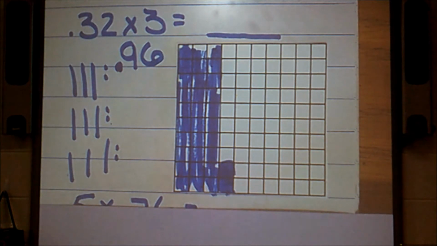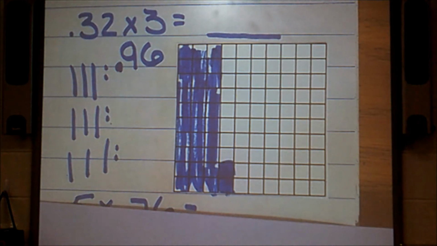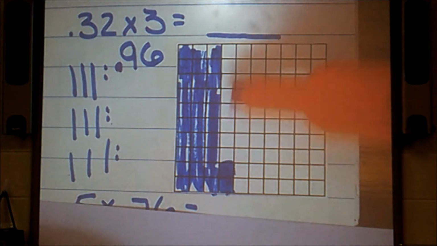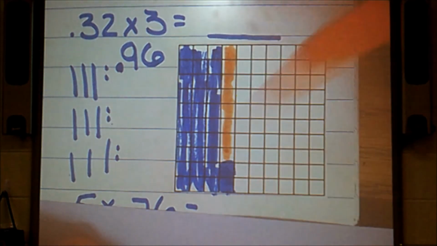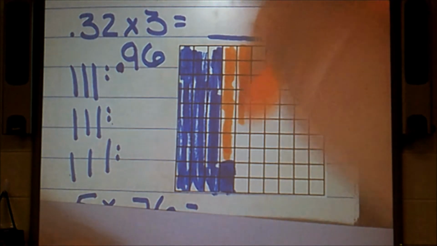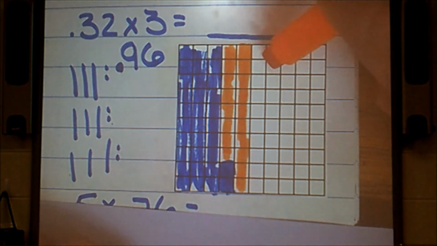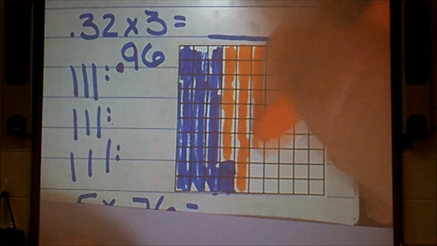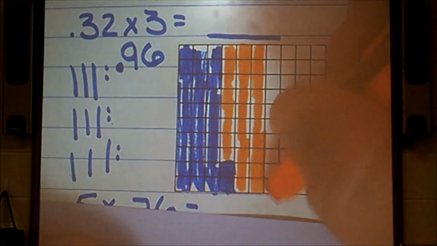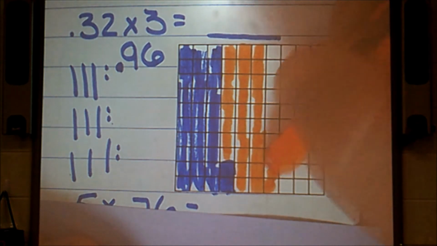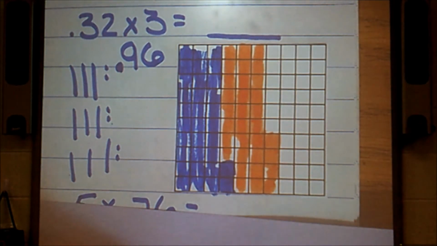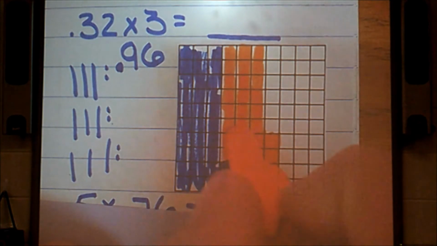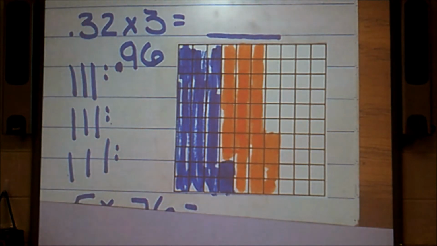Then in another color, let's go blue. I'm going to do another 32 hundredths. Now I know in this line here I have 8 left, so I'm going to do those first. 8 plus 10 will make 18, plus another 10 will make 28, 29, 30, 31, 32. There is my 32 hundredths a second time.